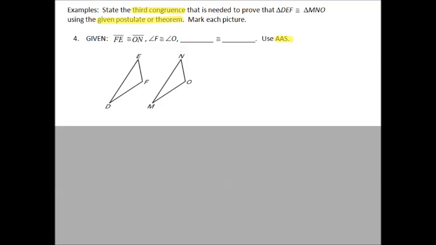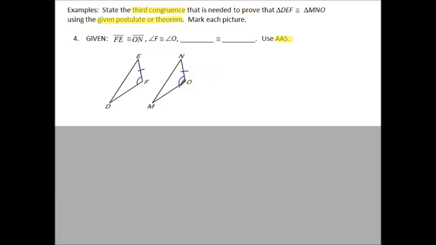Now, first of all, we are going to mark everything we have congruent and see what else would we need. FE is congruent to ON, and angle F is congruent to angle O. So we're supposed to use the angle angle side theorem.